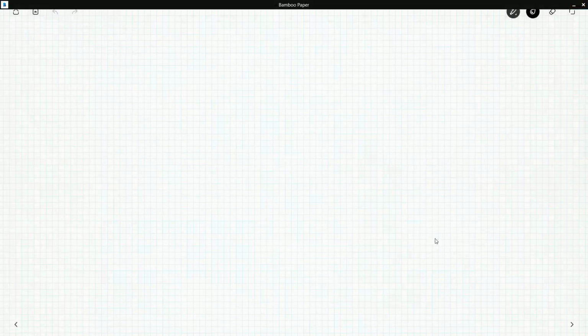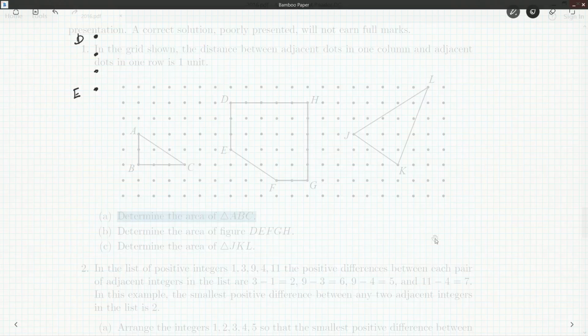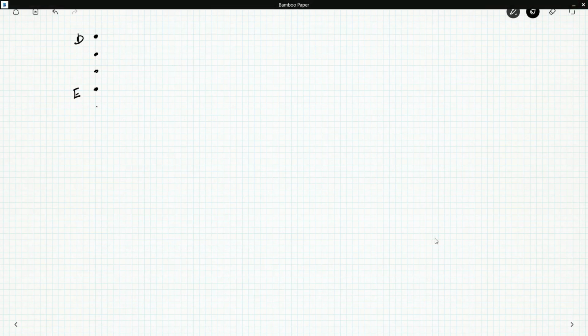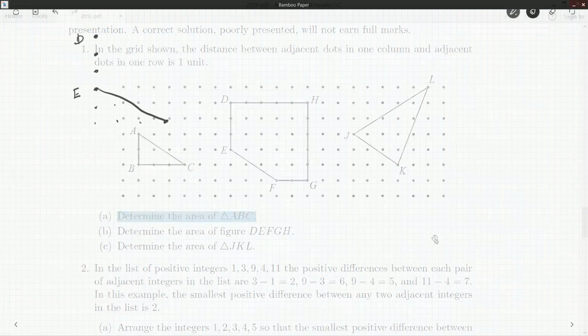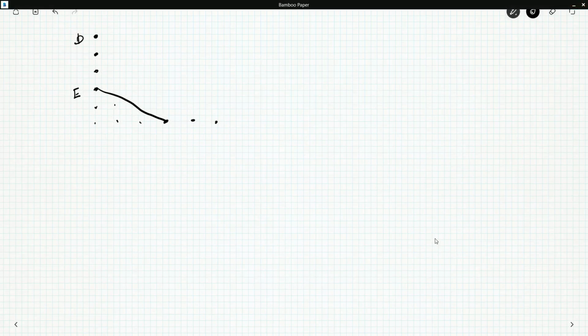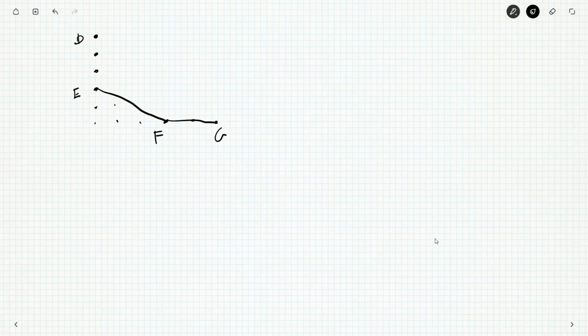Now B part. We've got a slightly bigger figure. We've got D, and then I think 3 spaces down it was E. Let's double check. Yeah, 3 spaces down, and then 2 spaces down, and 3 spaces over was F. And 2 spaces over from F was G. And then we go all the way back up.